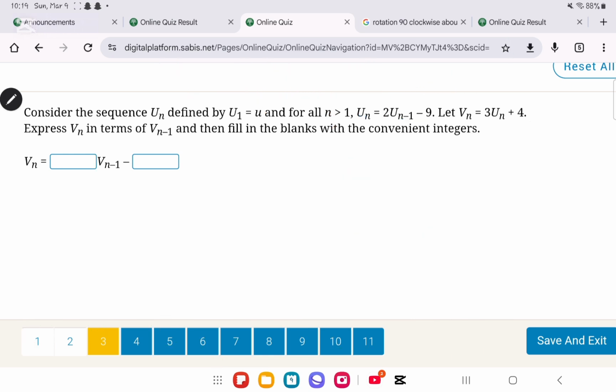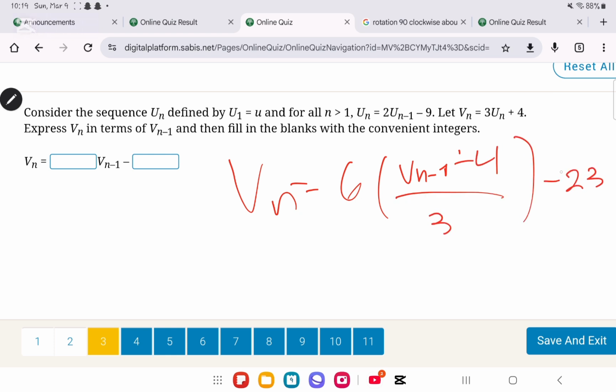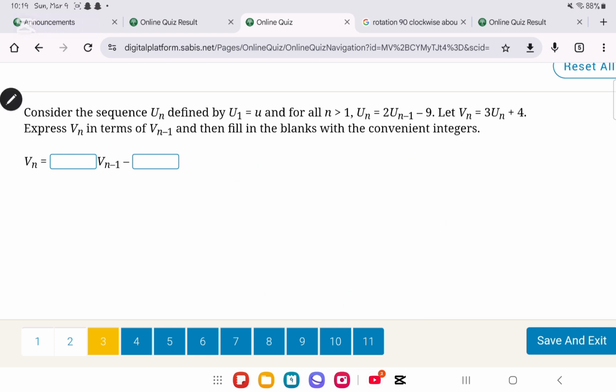So now the final equation looks like this: Vn is equal to 6 times (Vn minus 1 minus 4) over 3 minus 23. If you solve it, you are going to get Vn is equal to 2Vn minus 1 minus 31. So very simply, just like that, we found Vn in terms of Vn minus 1. So Vn is equal to 2Vn minus 1 minus 31.